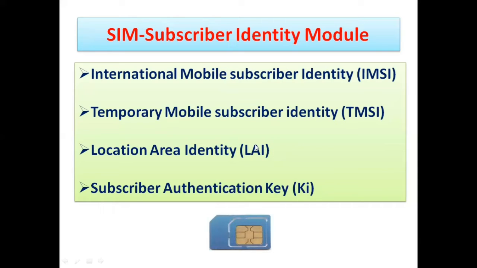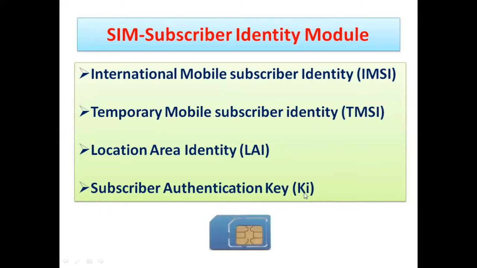The BSC in turn controls more than one BTS. So the whole area served by those BTSs is known by a unique identity of the BSC called the Location Area Identity. It is available in the SIM as well as in the network, in the HLR and VLR also.